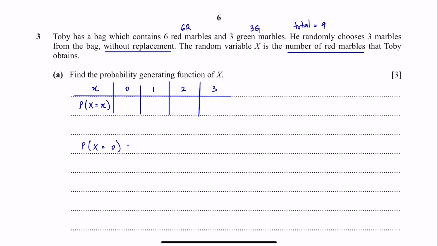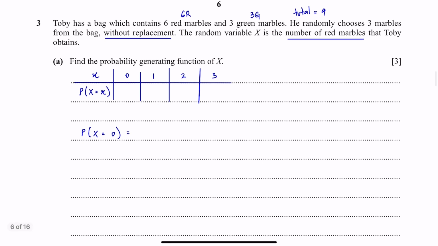So for x equals 0, that would mean he obtains 3 green marbles and 0 red marbles. So we can use the combination method.